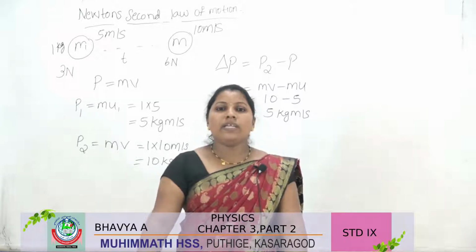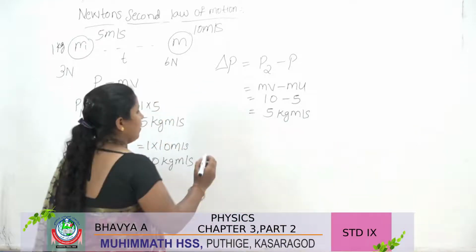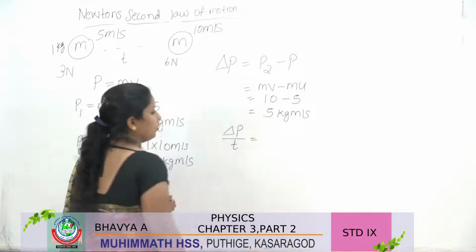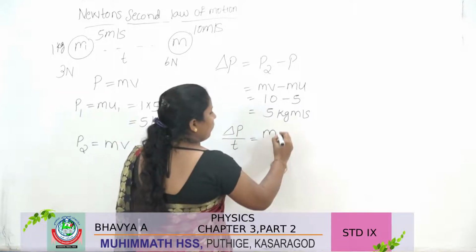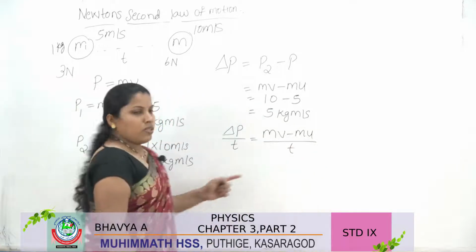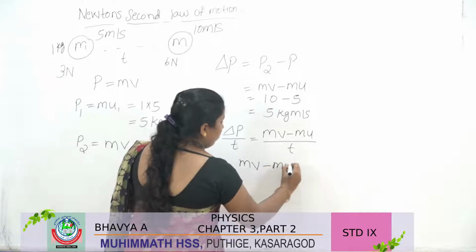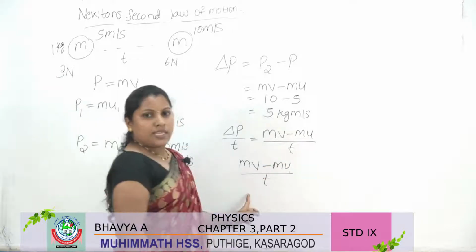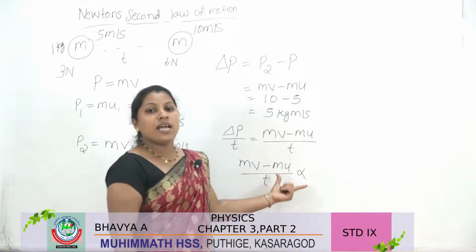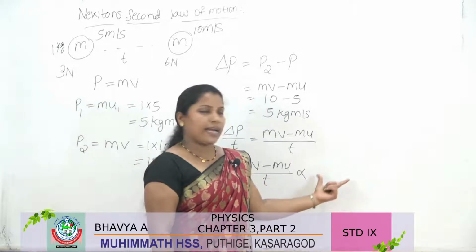Then the rate of change of momentum in t seconds: how do you write it? Delta p divided by t, which is mv minus mu divided by t. This rate of change of momentum is directly proportional to the unbalanced external force acting on it.